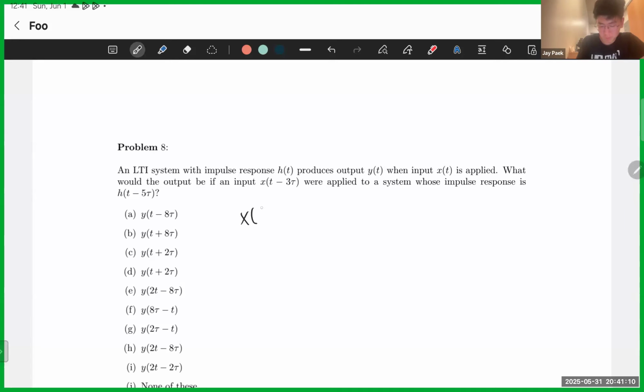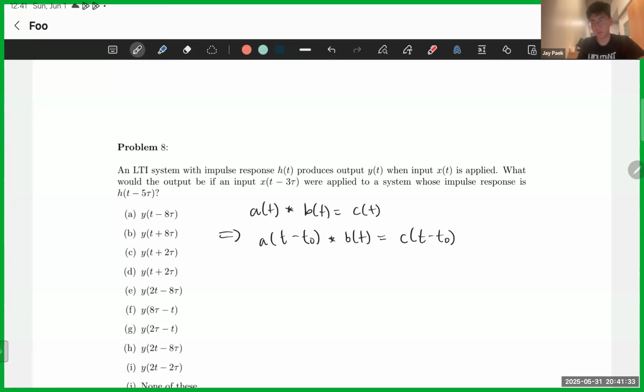Basically, if we have as an example a of t convolved with b of t equal to c of t, then if I apply any delay to one of the signals, the output is also delayed, or pushed, delayed or pulled early, or whatever.